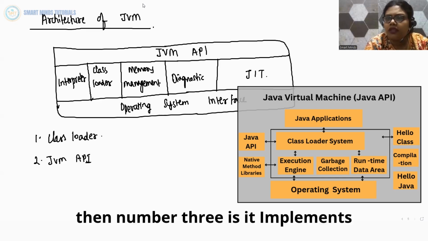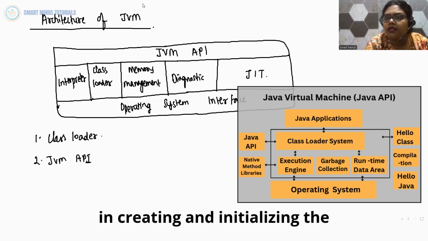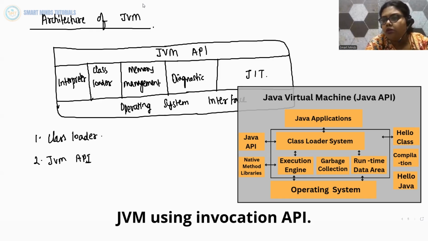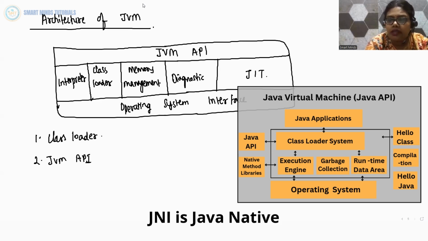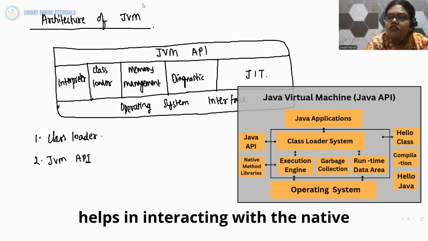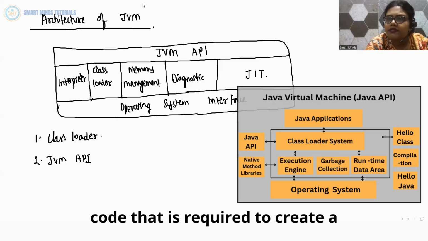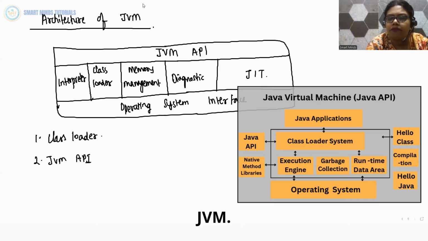Number three is it helps in creating and initializing the JVM using invocation API. So it constitutes JNI API. JNI is Java Native Interface, which helps in interacting with the native code that is required to create a JVM.